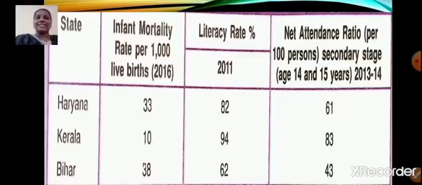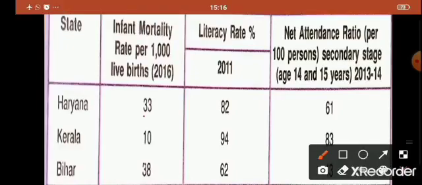Now let's start comparing these 3 states. Haryana's infant mortality rate in the year 2016 was 33, Kerala 10 and Bihar 38. Now if you see, the infant mortality rate of Kerala was low, right? And it is a good indicator of development.